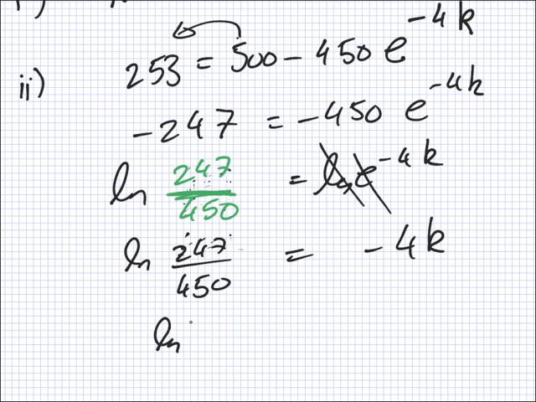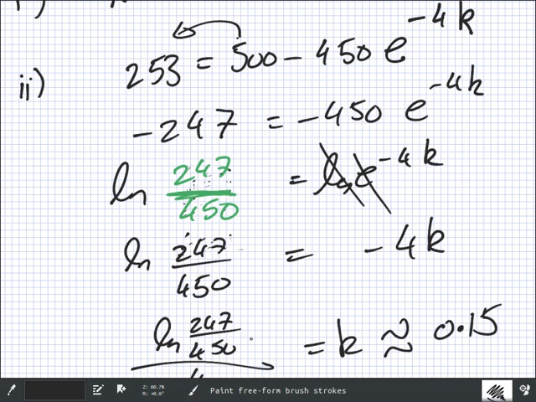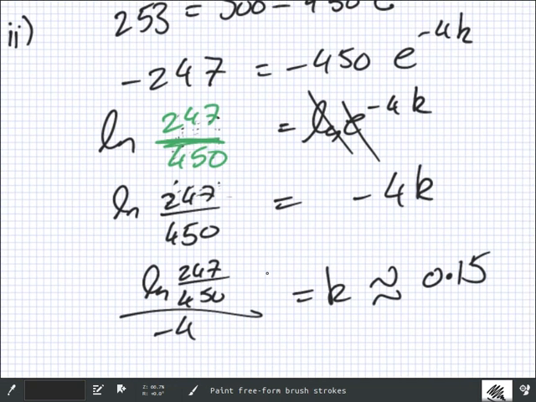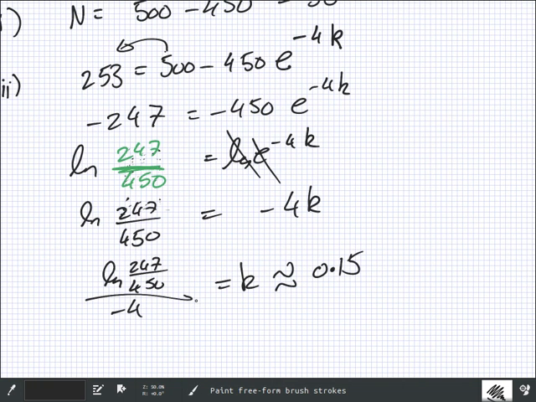So I'll have log of 247 over 450, over minus 4, is the k, which is roughly, I sure hope, 0.15. Someone could confirm that, please. That would be great. The answer is 0.1499. Okay.